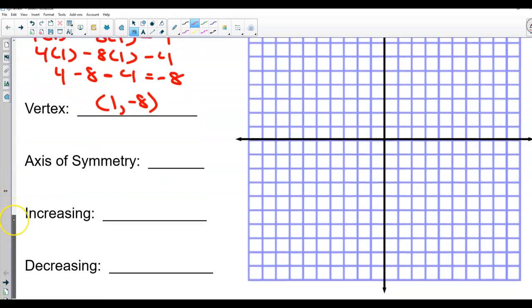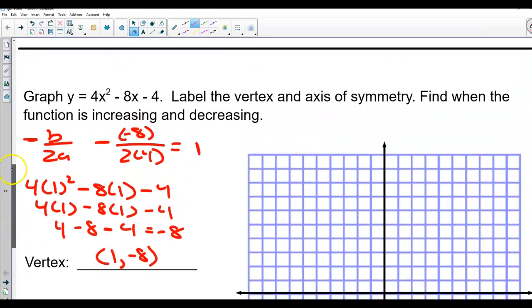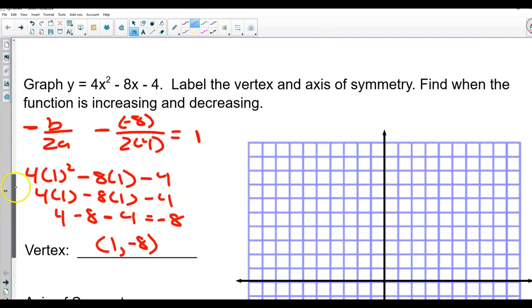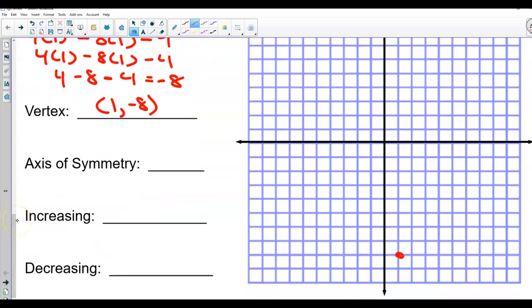Now when I go to graph it, (1, -8). 1, 2, 3, 4, 5, 6, 7, 8. I'm going to use a 0 point. If I plug 0 in for x, I get -4. So 0, 1, 2, 3, 4. So it's (0, -4).